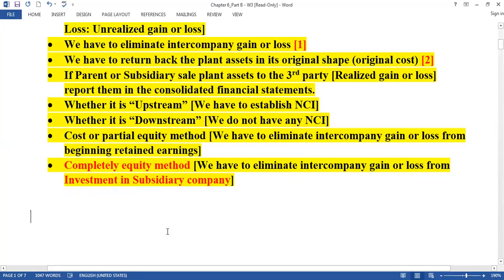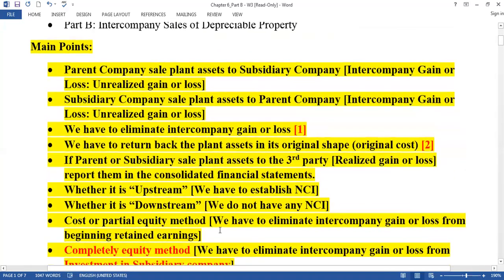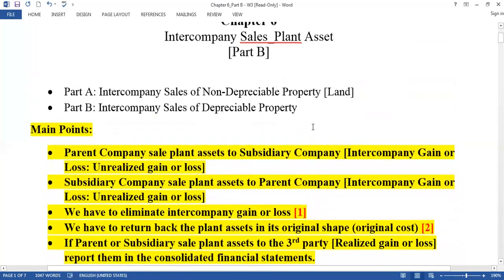So these are the main points about this chapter.